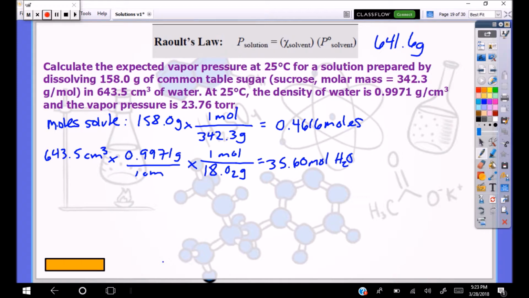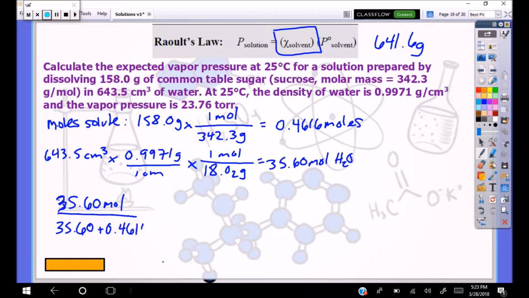All right, so now I need my mole fraction of my solvent. So I need the 35.60 moles of my solvent over 35.60 plus the moles of my solute, 0.4616. This whole thing will be multiplied times my vapor pressure, 23.76 torr.